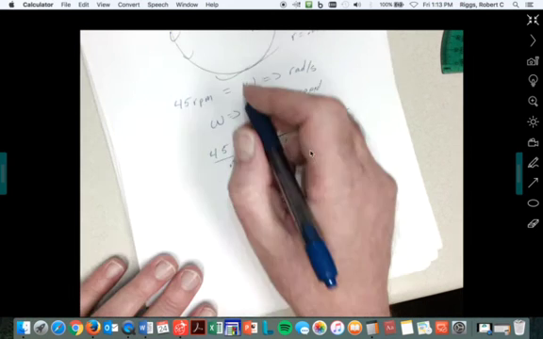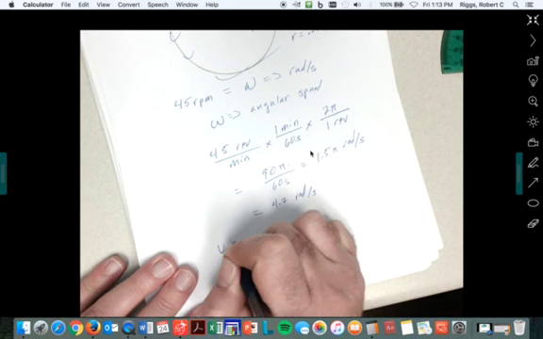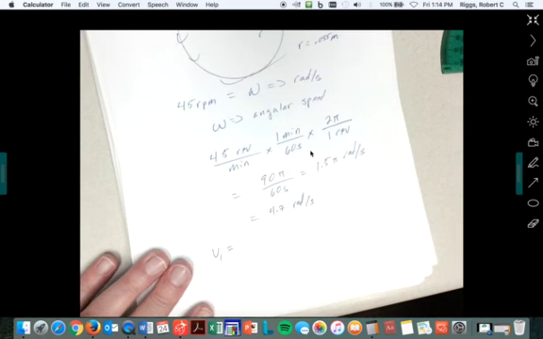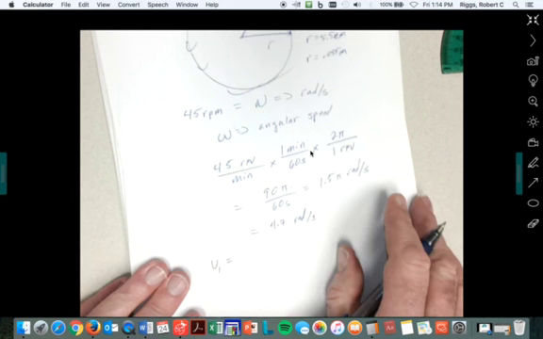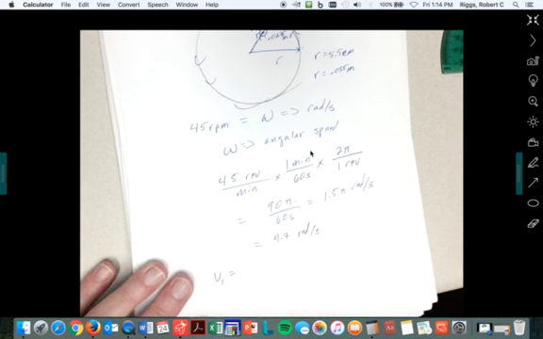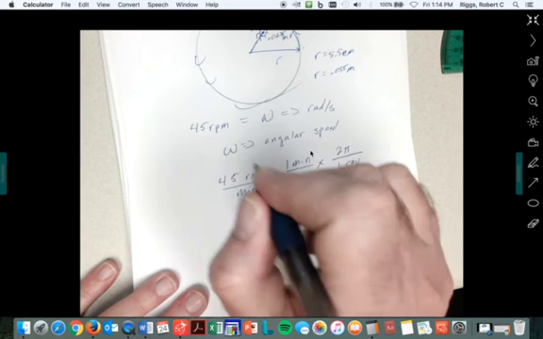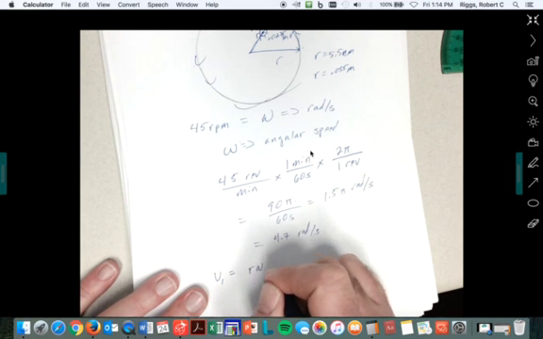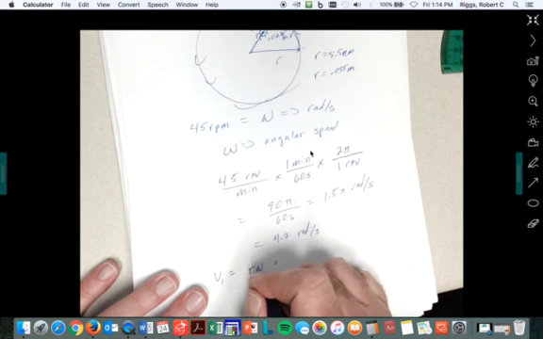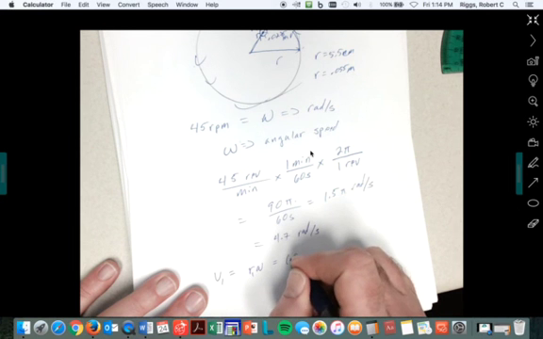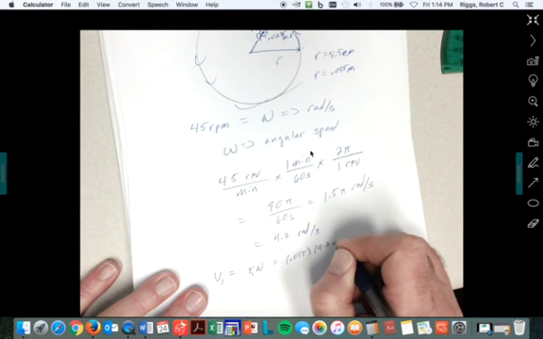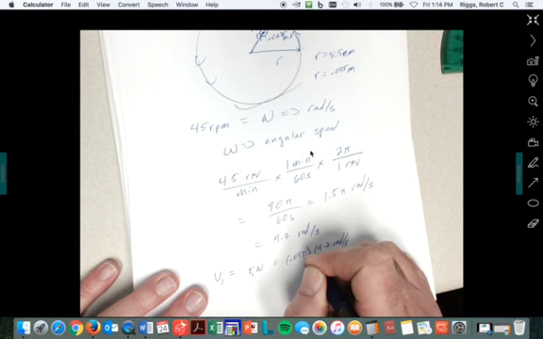So V1, and so it depends on the radius because the angular speed is the same. V1 is equal to R times omega, which would be R1 in this case, which would be 0.055 times the 4.7 radians per second. Now here's another thing I need to tell you.